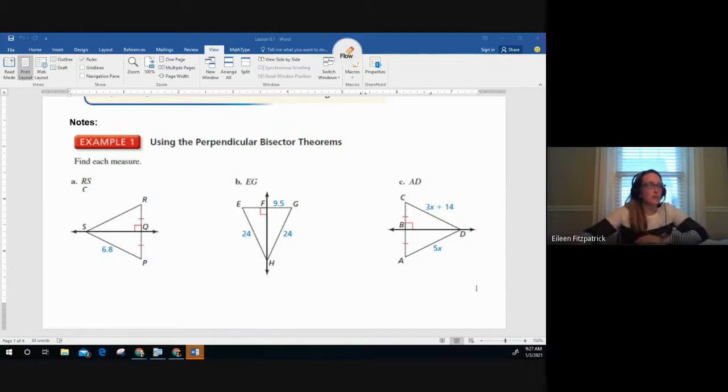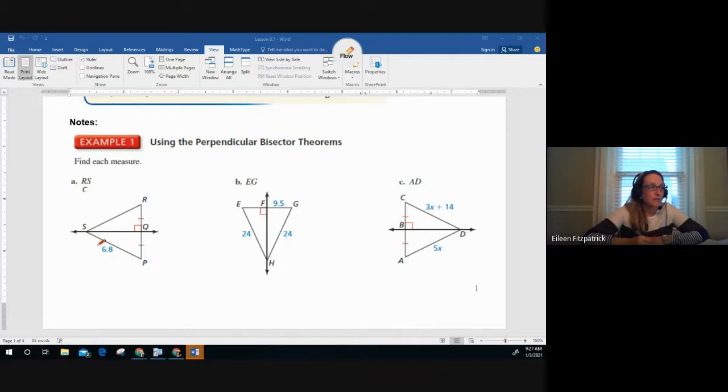All right, so for part A, you're trying to find the length of RS, the distance from R to S. Looking at the diagram and thinking about the theorems above, since SQ is the perpendicular bisector of RP, that means that point S has to be equidistant to the two endpoints.